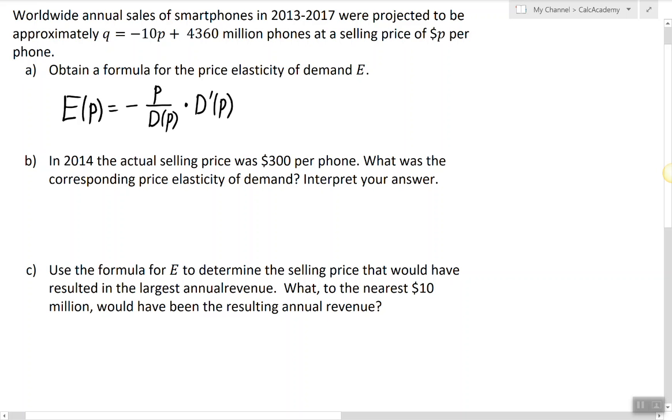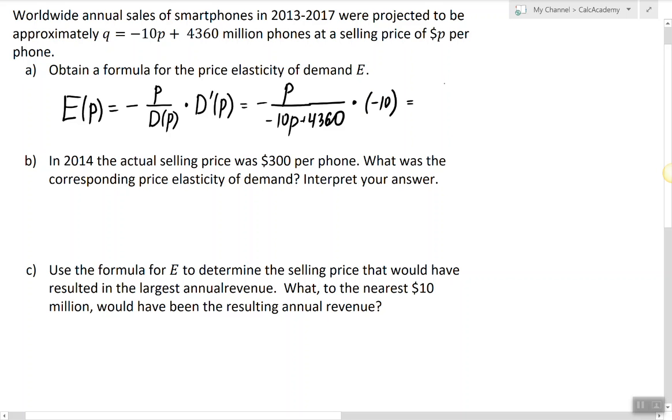In our case, demand is expressed by the variable Q, and here's the result. And we multiply by the derivative, and the derivative is just negative 10.